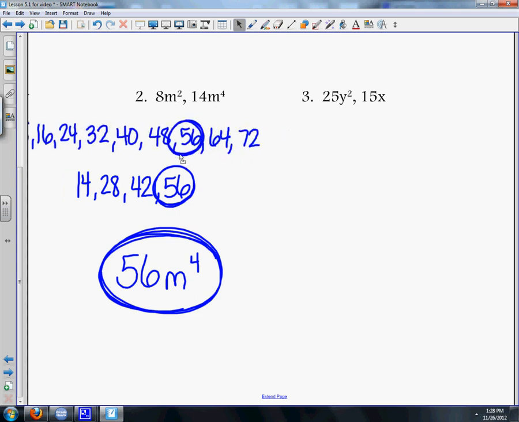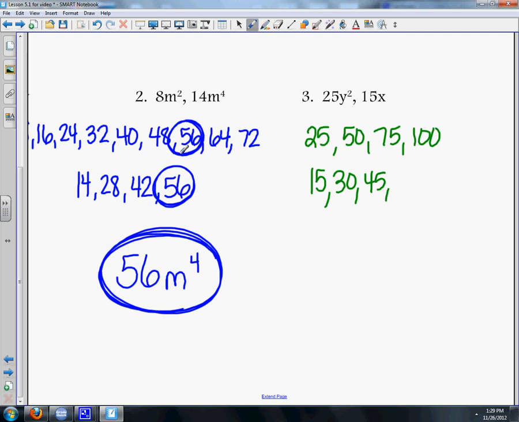Okay, so now I have 25 and 15. So 25, 50, 75, 100. 15, 30, 45, 60, 75, 90. So then I see that they both have 75.